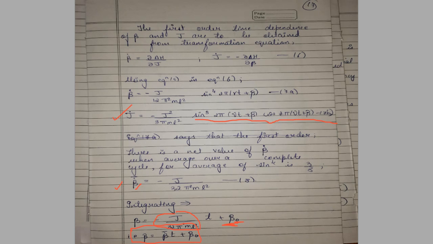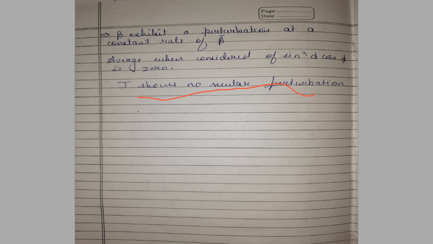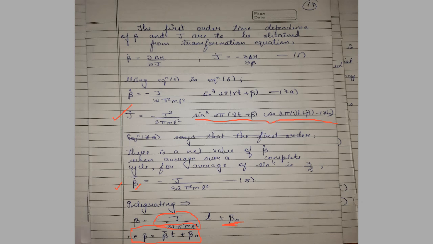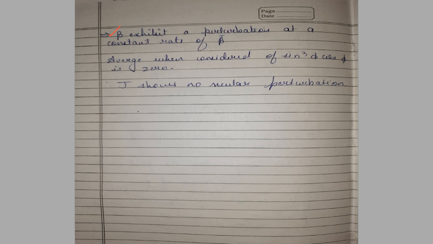There is no perturbation in j. And beta exhibits a perturbation at a constant rate of beta dot bar. Here we have found the value of beta. This beta shows some change because of the perturbation, but j will show no change. Hence we have completed this question also.